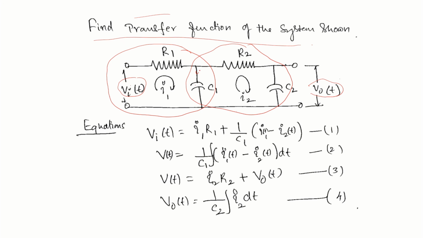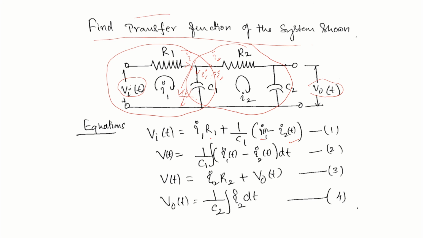No, here the current passing is I1 minus I2, correct? So it is 1 by C1 integral of I1 of t minus I2 of t. Okay, that is one thing. Second, let me assume this voltage as V of t.